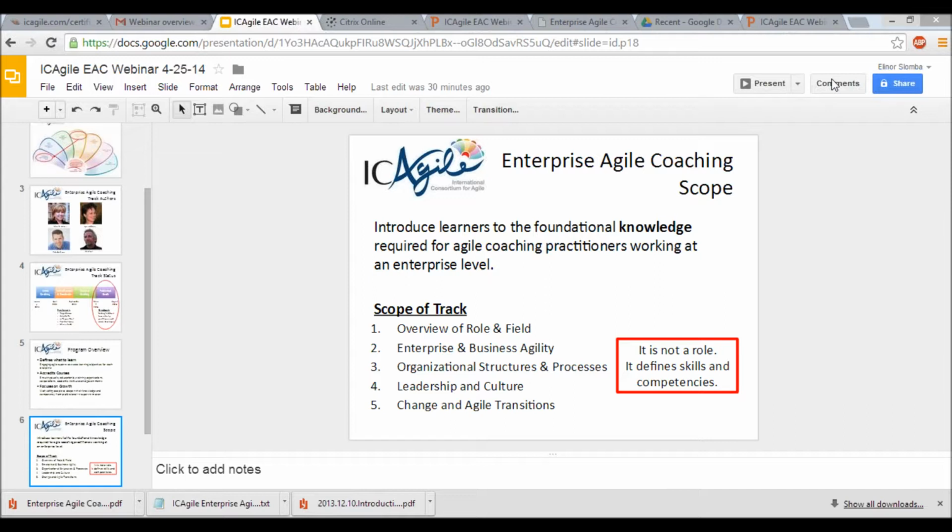And as you absorb them and think about their application in your work, you can provide feedback through the ICAgile website, and the track designers will be looking at all of that and finalizing the track.